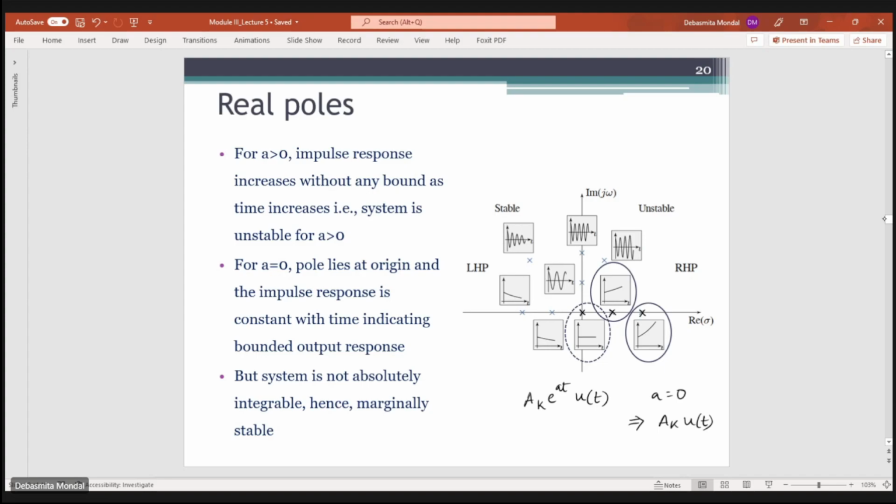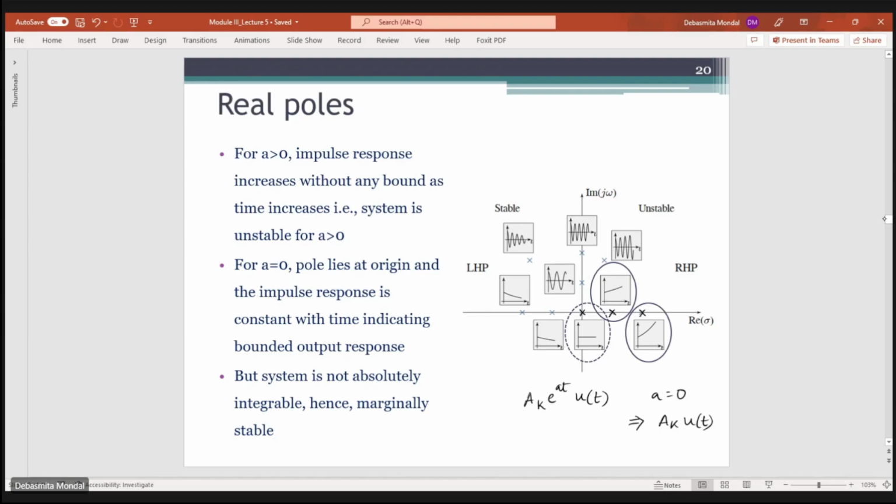So even though for a bounded input you are getting a bounded output, since the system is not absolutely integrable, the system is neither stable nor unstable. This condition is called marginally stable.